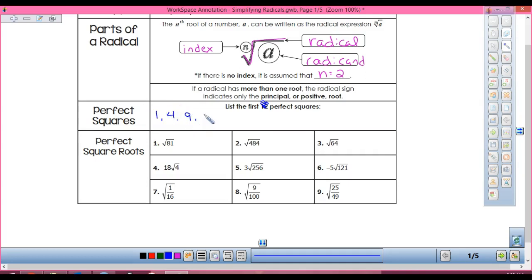What's next? 16, 25, 36, 49, 64, 81, and 100. Hopefully, those 10 at least are ingrained into your brain. Those should be pretty close to memorized. After that, they become a little bit more difficult, but hopefully at least to 15.